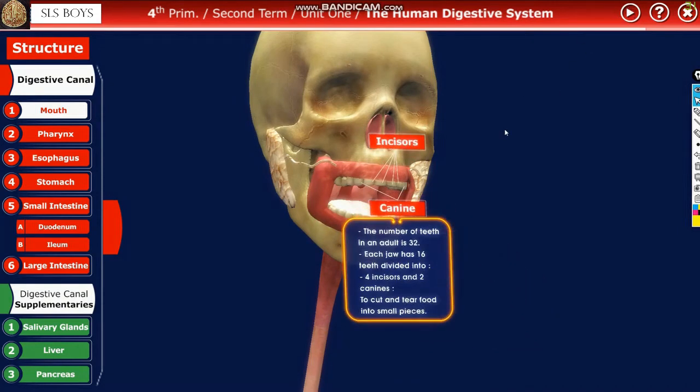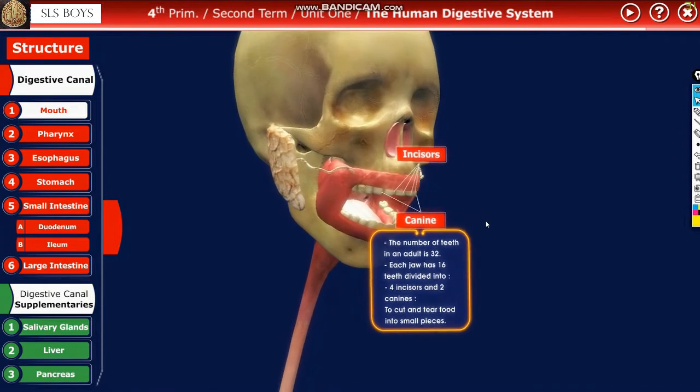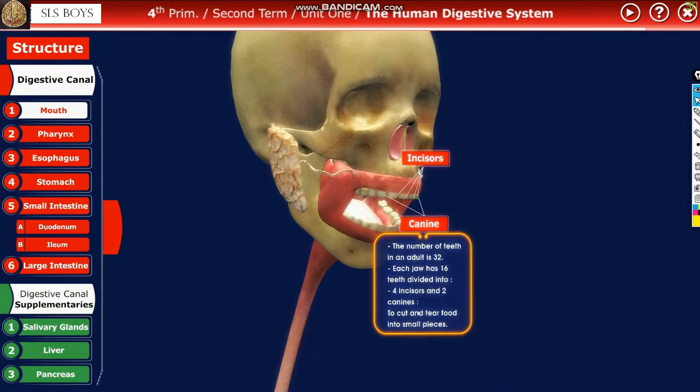The mouth has 32 teeth in an adult. Each jaw has 16 teeth, divided into 4 incisors and 2 canines. The function of incisors and canines is to cut and tear food into small pieces.